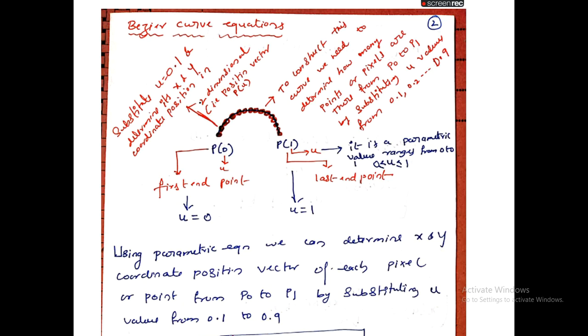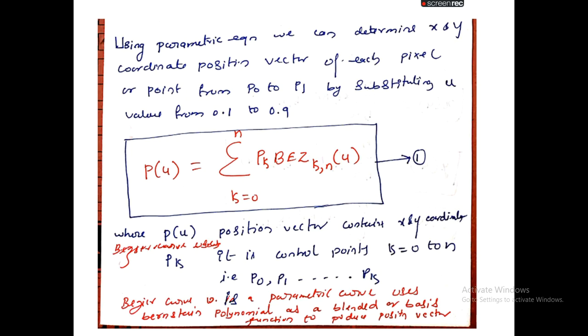Now I expanded the Bezier curve equation. In this equation, P of u represents, for every pixel, the x-axis, y-axis, and z-axis coordinate position. But we are discussing only a two-dimensional curve, so we need to determine the coordinate position for every pixel with respect to only the x-axis and y-axis. Here P of k represents the control points.